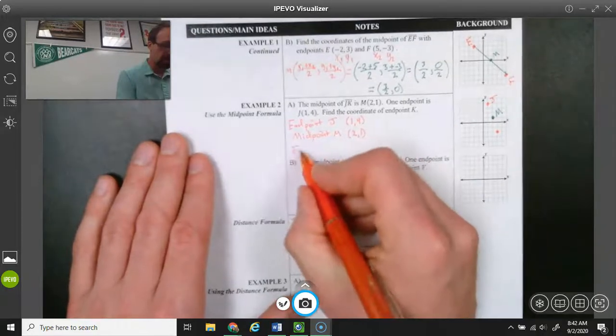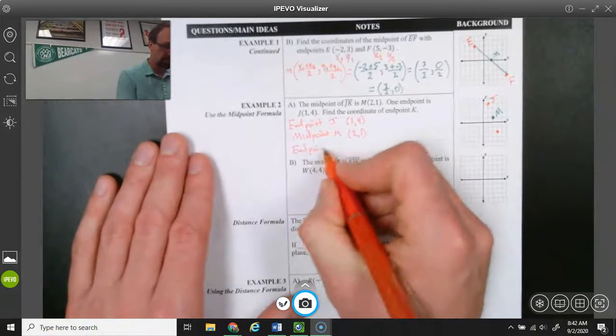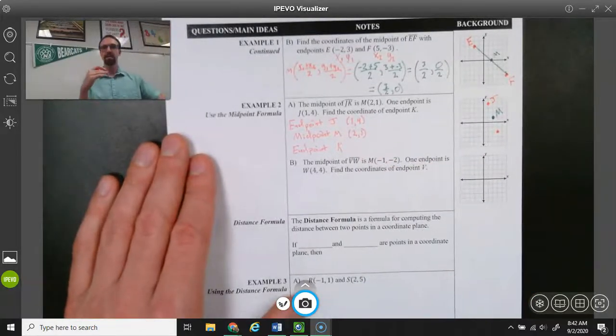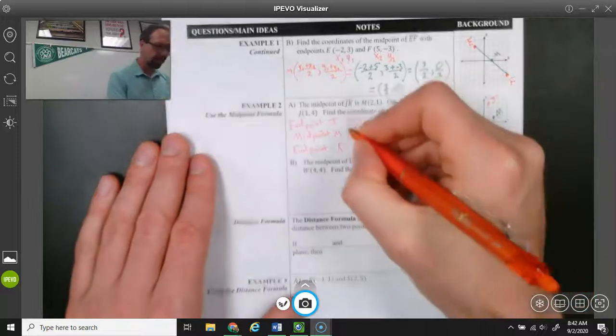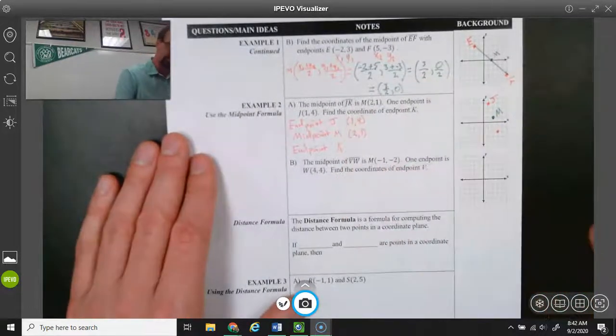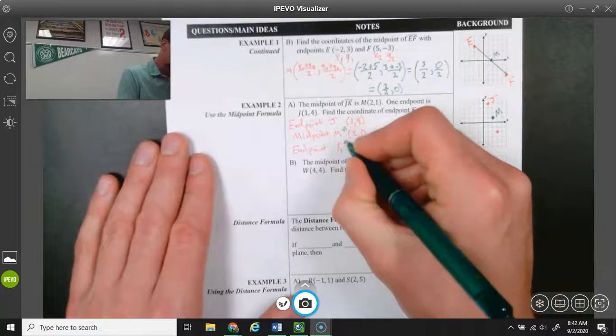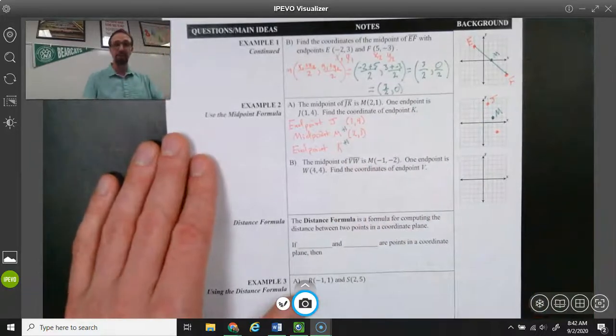And now I'm trying to find endpoint K. So to get from 1 to 2 mathematically, I need to add 1. So similarly, to get to the next, I need to add 1.